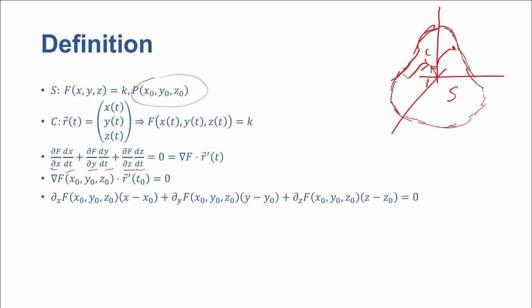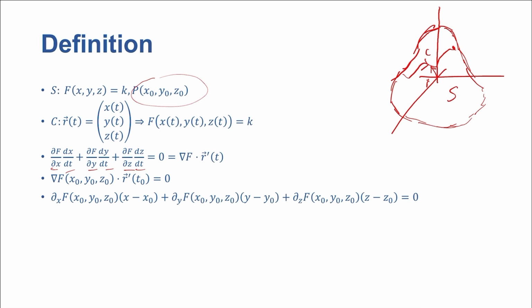And we can make this into a sort of plane equation. So when we do this dot product, we get partial x of f at x naught, y naught, z naught times x minus x naught, plus partial y of f at x naught, y naught, and z naught times y minus y naught, plus partial z of f at x naught, y naught, and z naught times z minus z naught, equals 0.